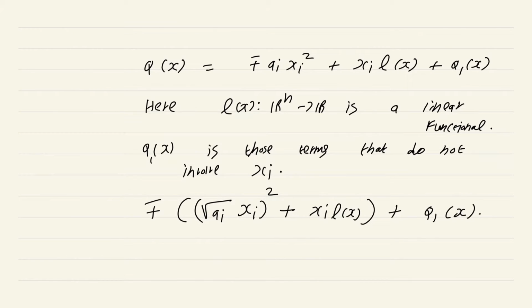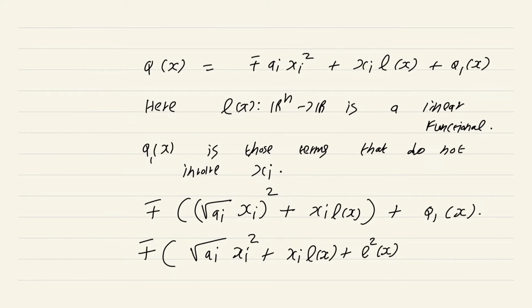Well, once you do that, you can write this as plus or minus square root of ai xi squared plus xi L of x plus L squared x by 4a, plus q1 of x, and there's a plus or minus L squared x by 4a now.